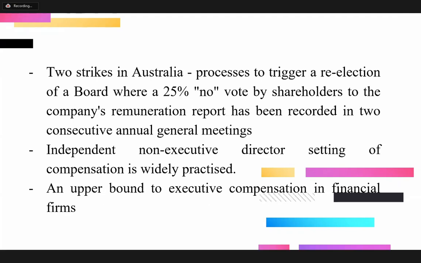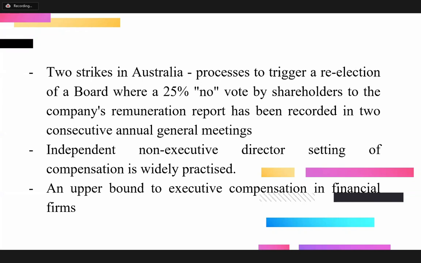And also in Australia, there's two strikes, which is essentially an amendment put in place to trigger the election of a board where 25% no votes by the shareholders means that there has to be an overhaul in the re-election of the board, because this is to curb things like favoritism or corruption within the board.